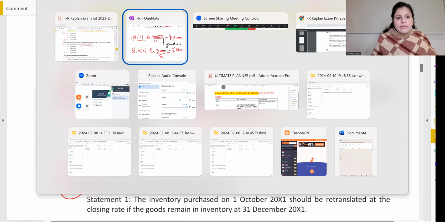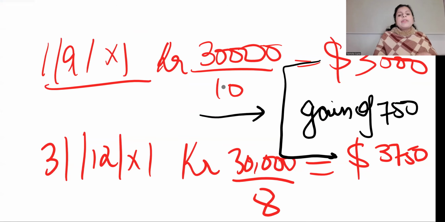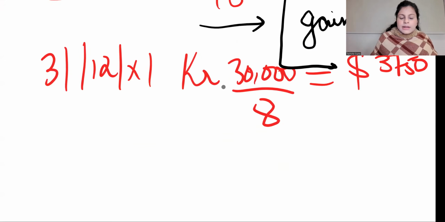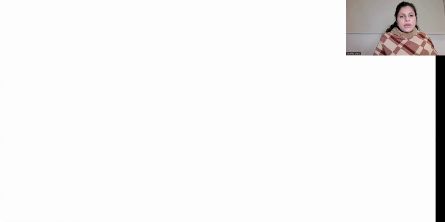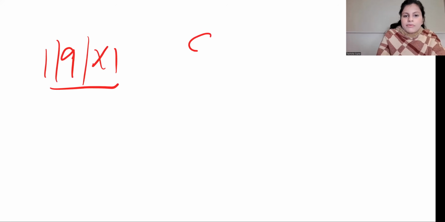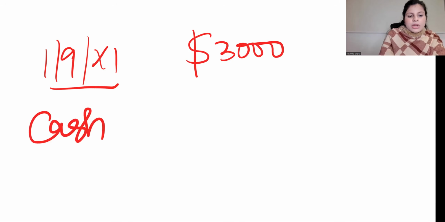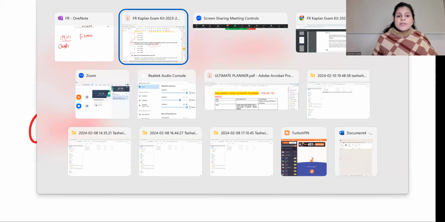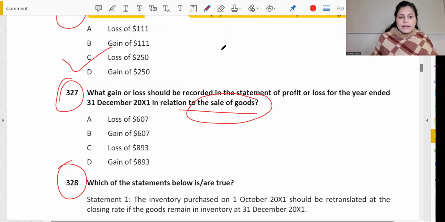So for the receivable, we've calculated that our gain would be 750. But there was another sale also. What was my other sale for which I've received the cash? Once again, I made the sale on 1st September and the sale was of $3,000. But I received cash. Cash you will always receive at the spot rate, the rate of that date.